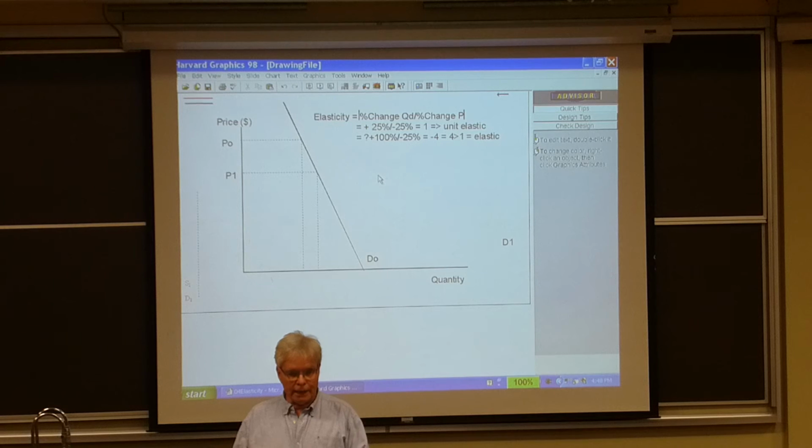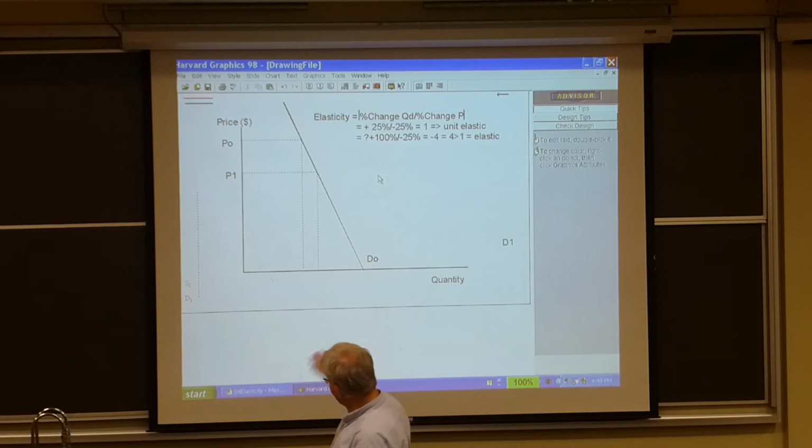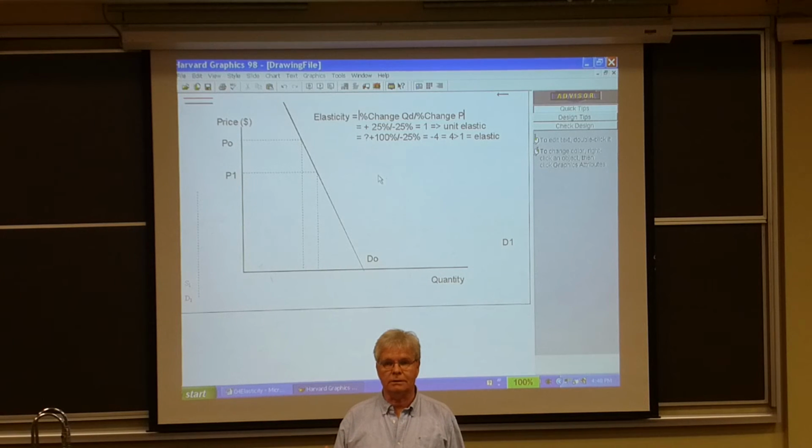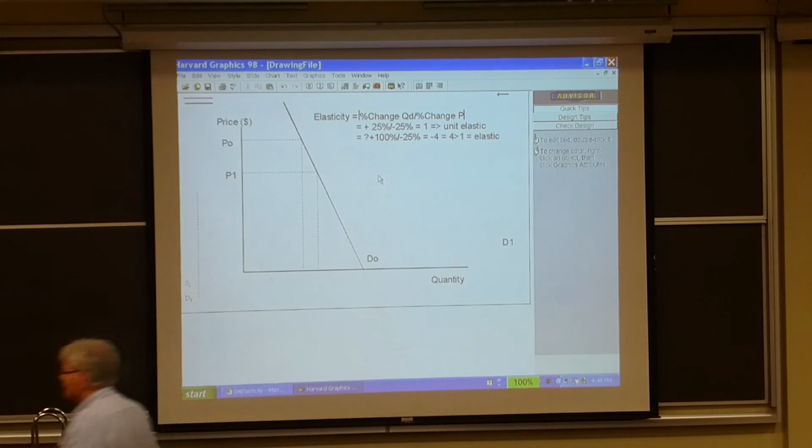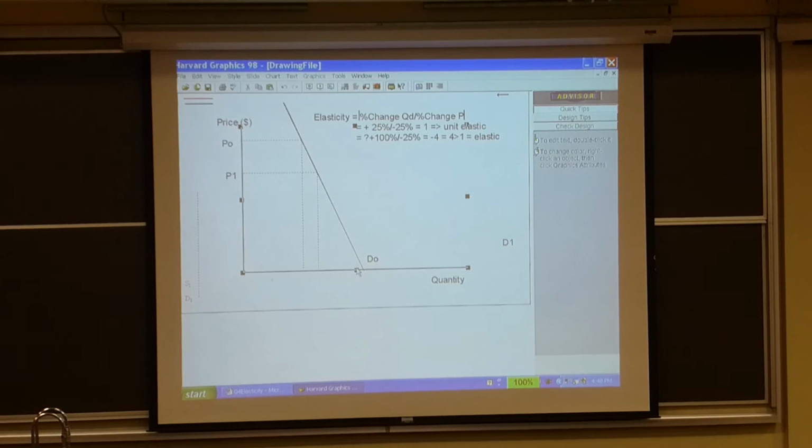Now, usually later in the class, you will look at that and you'll kind of say to yourself, that is an inelastic demand function, relatively speaking, but it is by no means an inelastic demand function all by itself. As we're going to see, every linear demand function, I'll just draw one like this here.